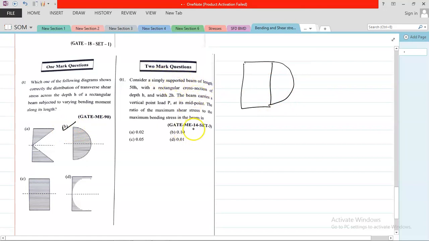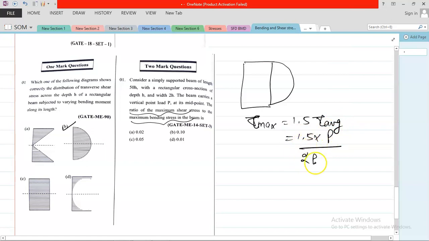And in GATE 2014 it is asked, consider a simply supported beam with a vertical load at midpoint, the ratio of the maximum shear stress to the maximum bending stress. So maximum shear stress, you know, is 1.5 times average. So that is 1.5 into P, the load acting, divided by area. The area is 2H into H, so that is 1.5 P by 2H square.